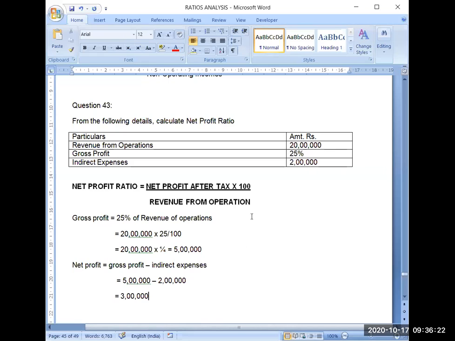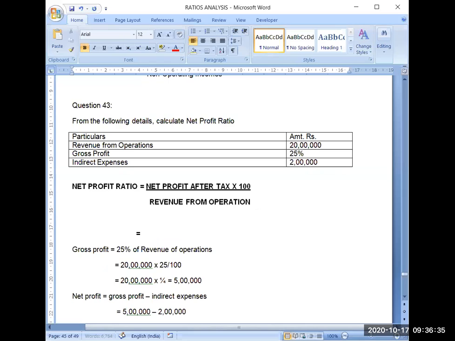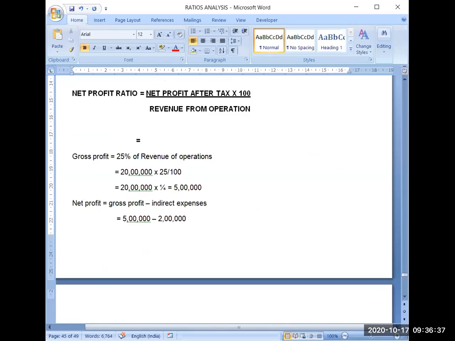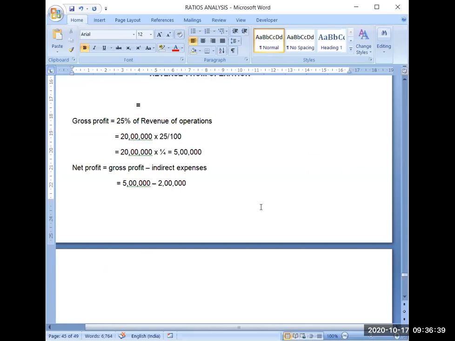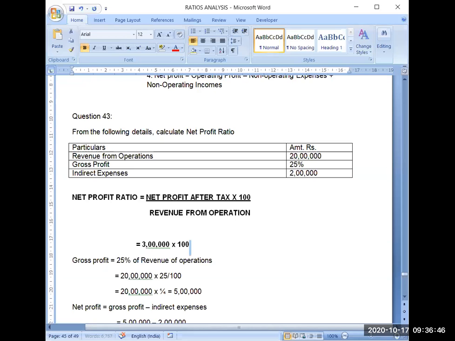Now I know my net profit also, I know revenue from operation also. So I can calculate net profit ratio. Net profit ratio is equal to net profit, 3 lakh, multiplied by 100, and in the denominator revenue from operation will be there.